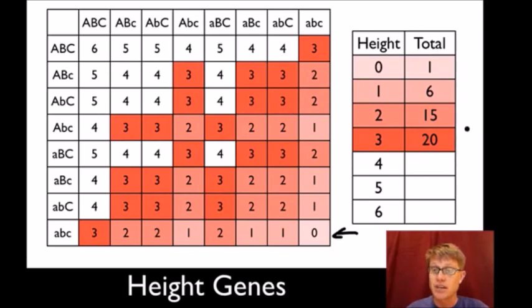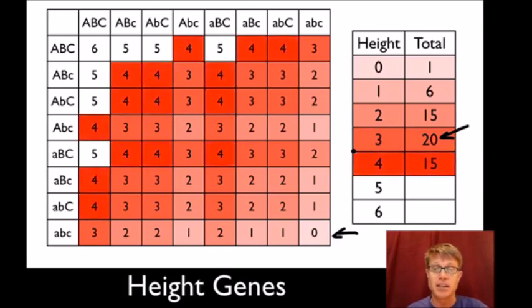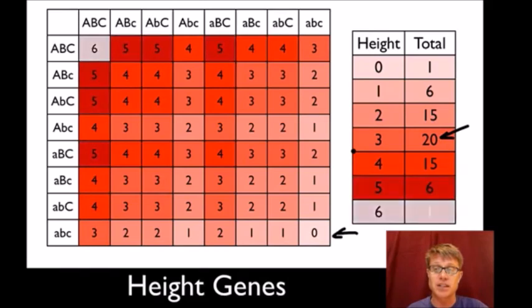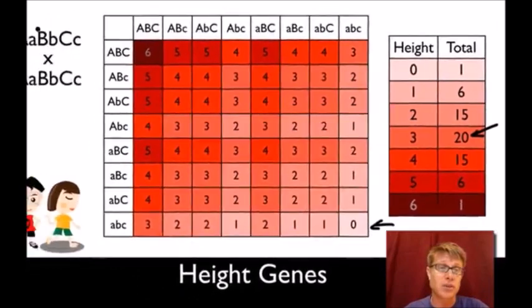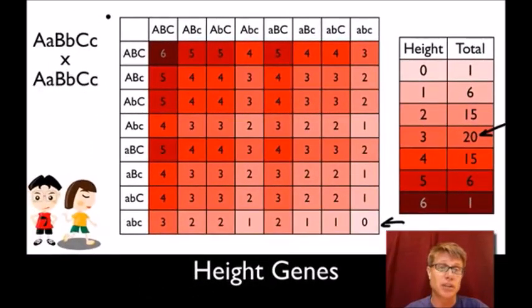In other words, there is a 20 in 64 probability of producing an offspring that has 3 of those high genes. There are a lot of different ways we can get that. And then it drops off to 15, 6, and so the odds of these 2 average height individuals having a really tall or really short offspring are going to be really low.